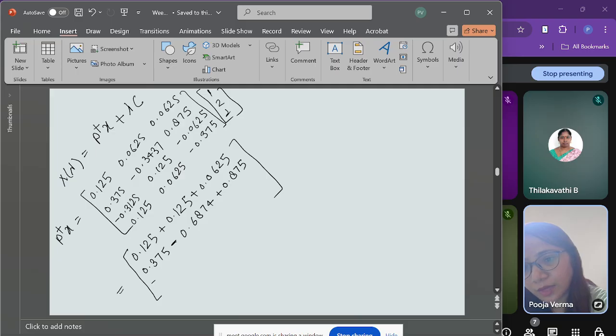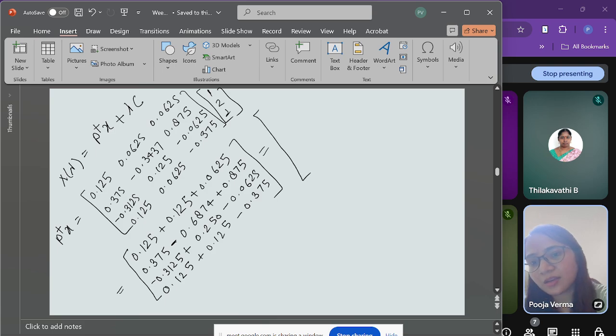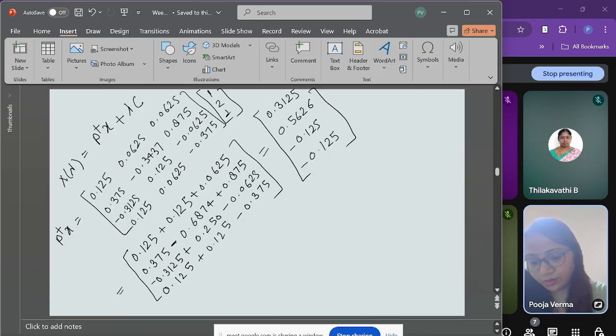Next is minus 0.3125 plus 0.250, minus again 0.0625. For the last one, 0.125 plus 0.125 minus 0.375. Just add and subtract these values. You will get 0.3125 here, 0.5626 here, minus 0.125, and again here 0, minus 0.125. Have you got these values?